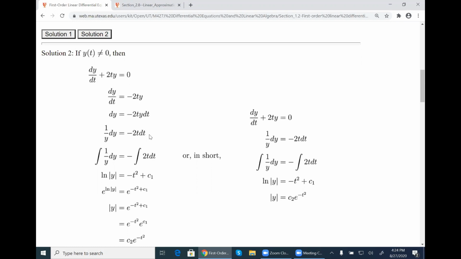After that, we integrate both sides. By the way, the jump from here to here is again a highly non-trivial step. I say highly non-trivial because we've never done this in calculus 1. In calculus 1, we have a function, we take the antiderivative of this function, we integrate this function.